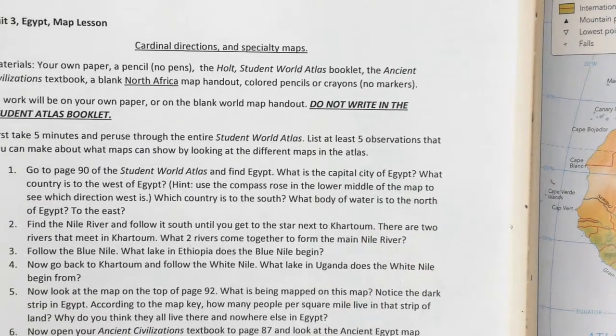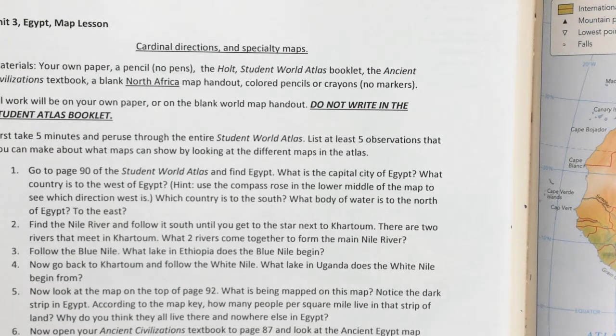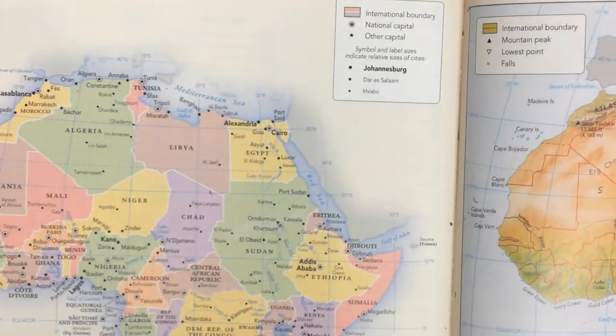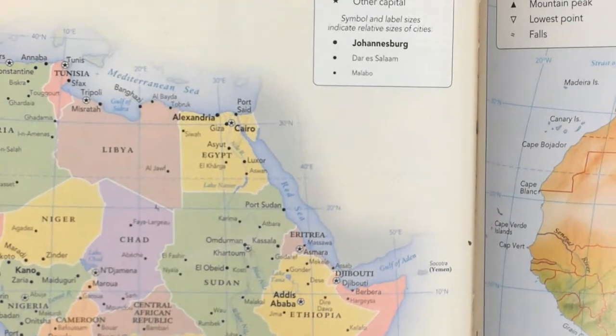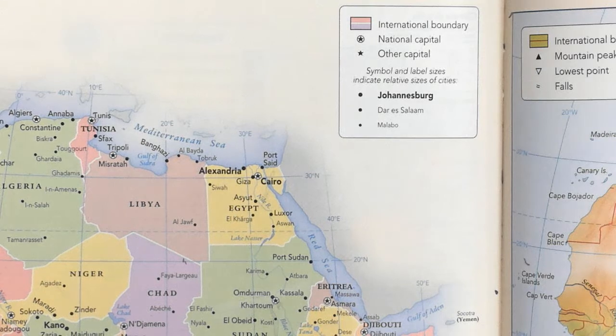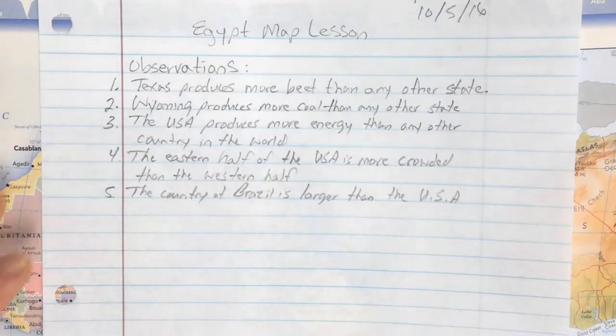What is the capital city of Egypt? Stop. Now let me get this. Okay, so we go back here and we look really close at Egypt, and capitals have stars next to them. And there it is, Cairo. So now on my paper, zoom back out.